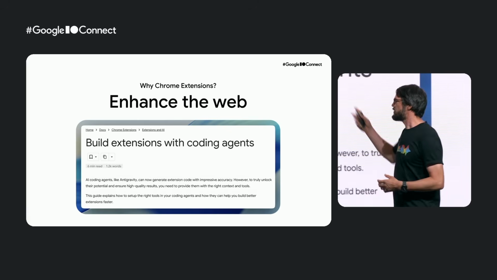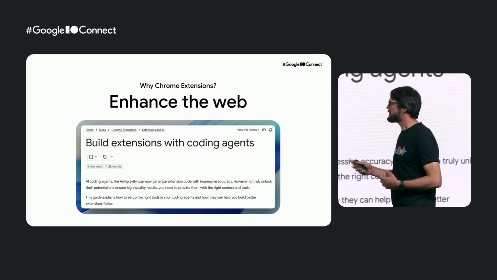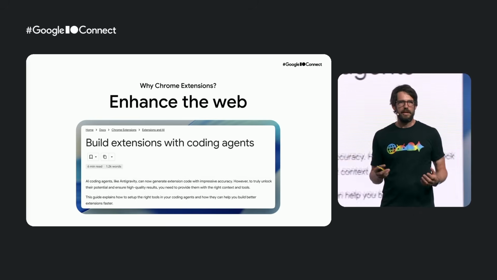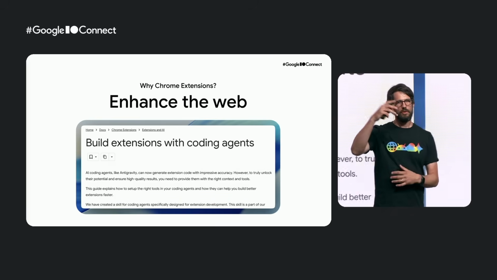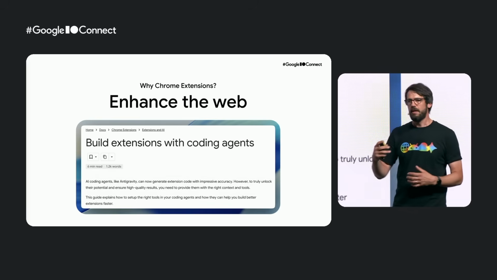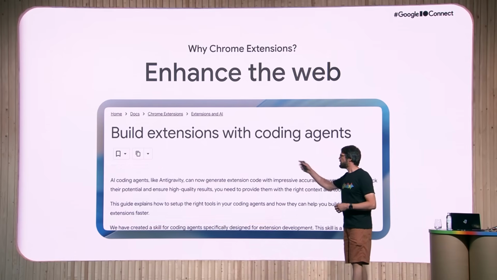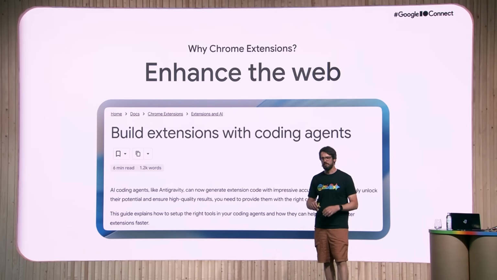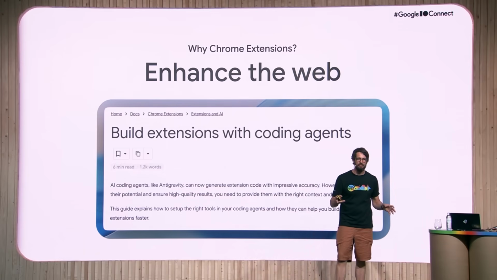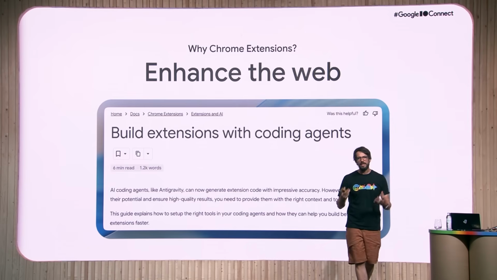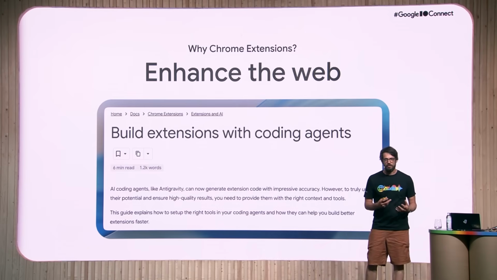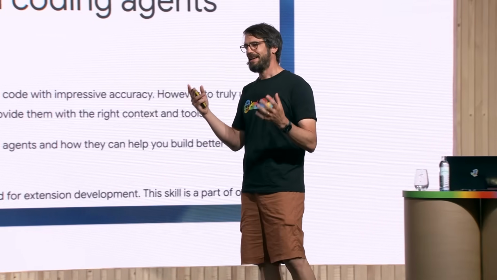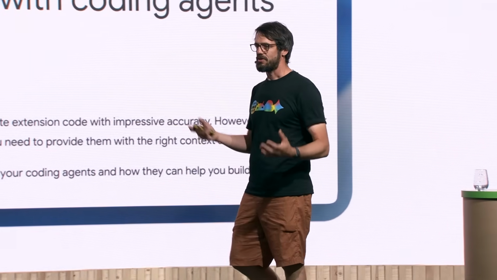Here's a really simple example that analyzes a web page, discovers any long-form text content, calculates the reading time, and injects a little widget into the page. Really simple, but I think it demonstrates really well what's possible with Chrome extensions. You can analyze, change, and adapt web content.